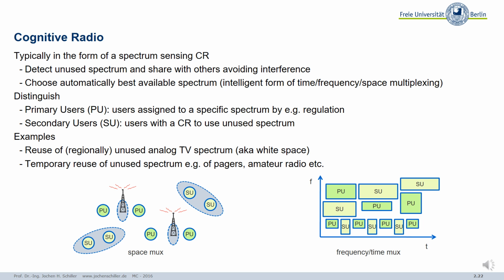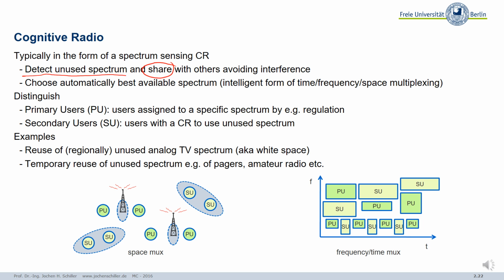So that's the idea. So you try to detect unused spectrum and then share it. So that means you scan the spectrum, and as soon as you detect, okay, no one is using the spectrum for analog TV here anymore, then I can use it for whatever other technology. So that is one way, and you can then automatically choose the best available spectrum.